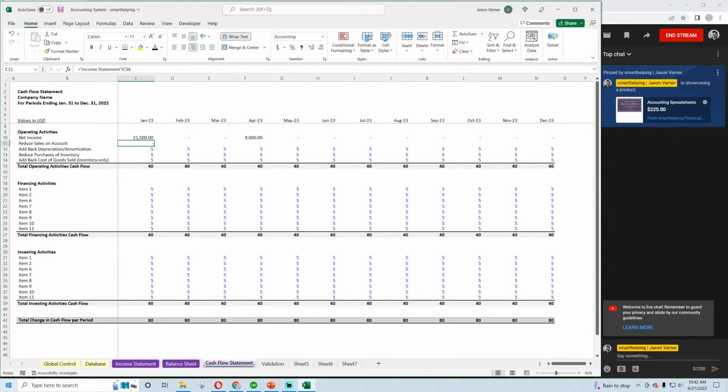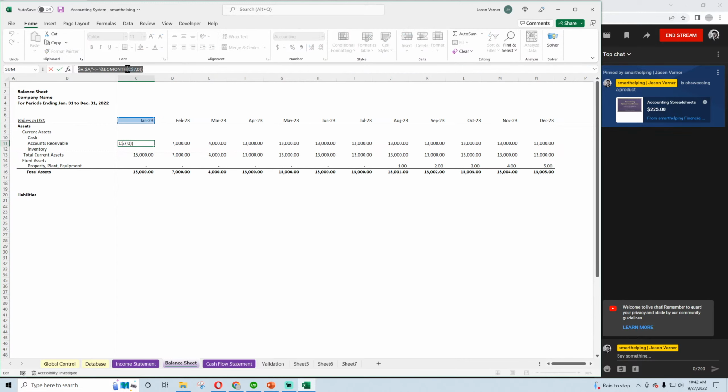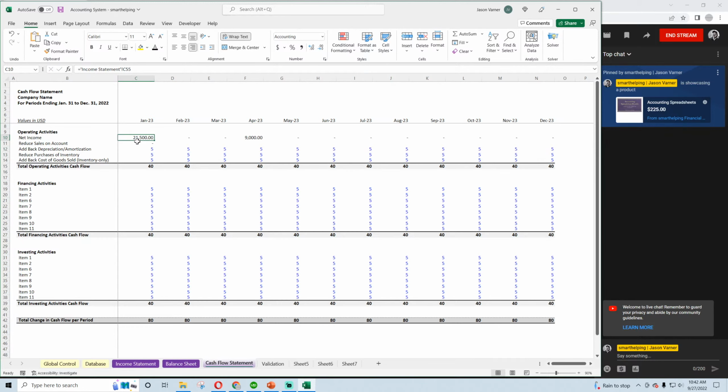And we don't know what that is directly from the income statement, so we have to actually sum it up here. So we need to know what was sold on account for the given month. So let's copy that side of the formula, put it right in here.